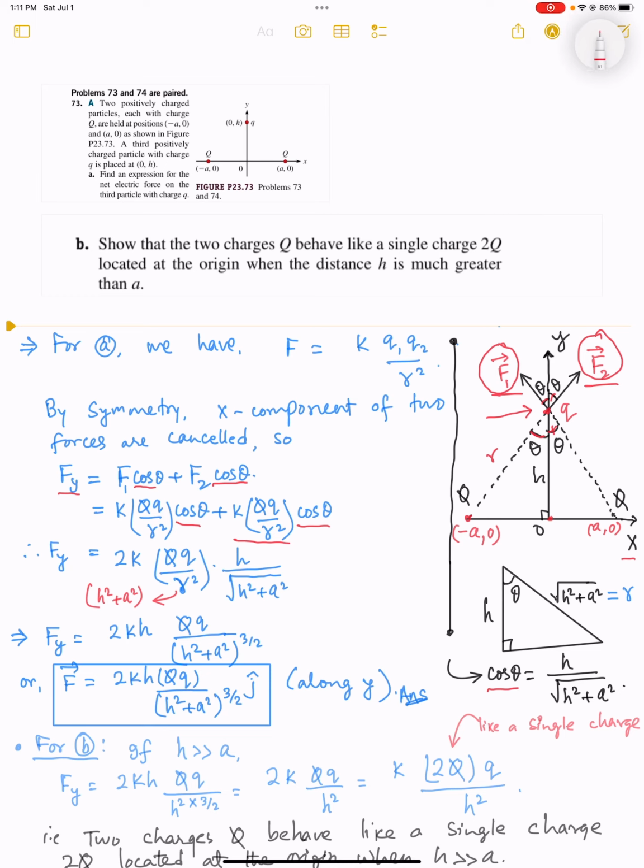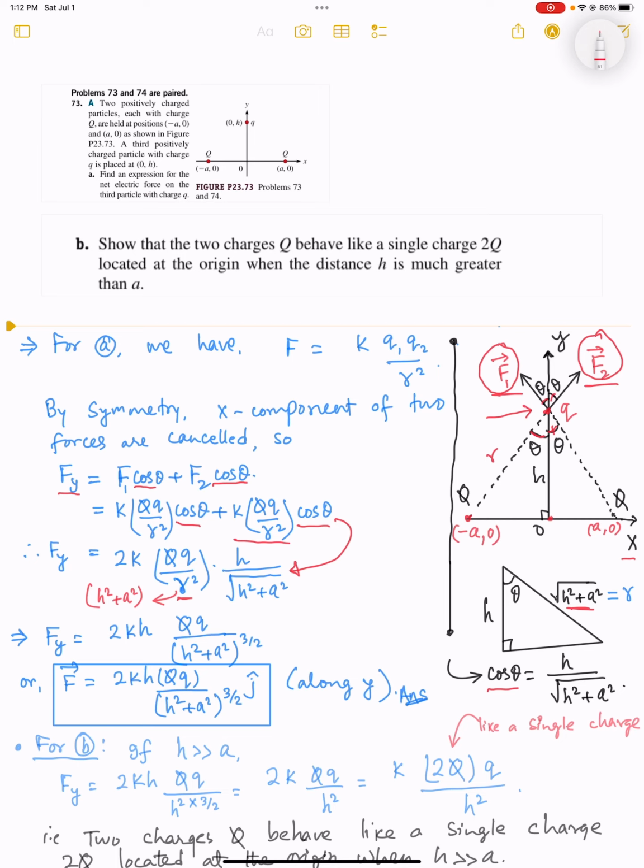The ratio of cos theta is the base, the side adjacent to this theta, over the hypotenuse. So it will be just h over the square root of h squared plus a squared. You can just use this value here, and you can further write r squared as h squared plus a squared.